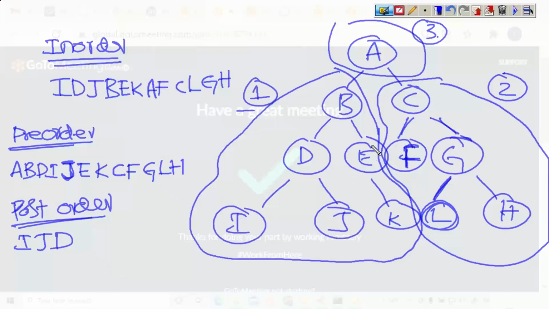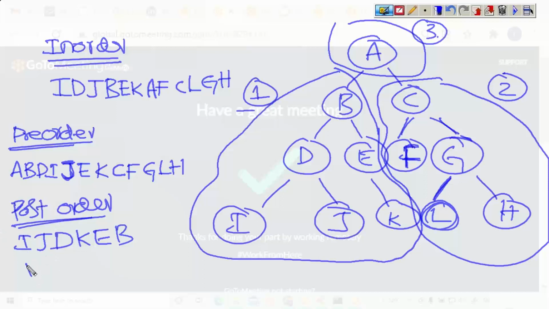Then, so right side we have to go. But E should not be the first. K, E, then B. This is completely left side. Then come to the right side.